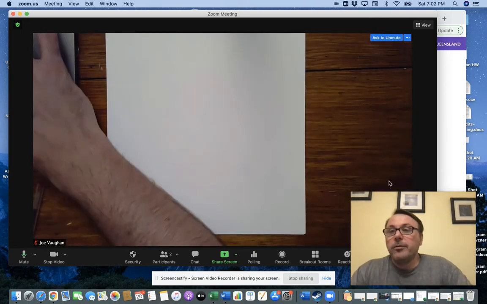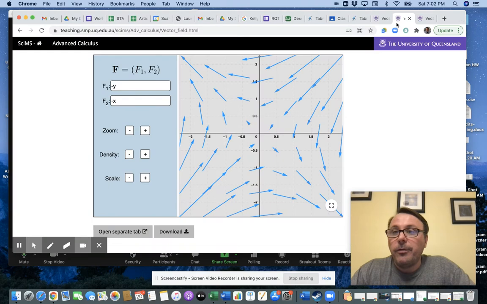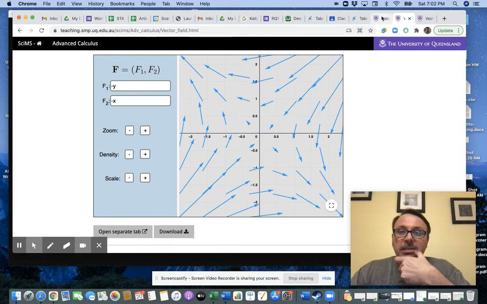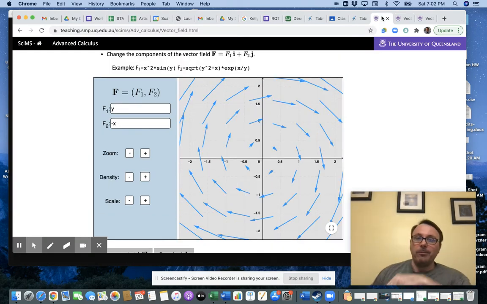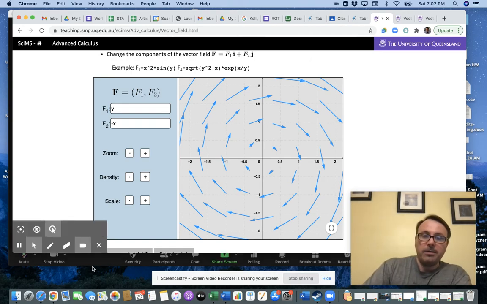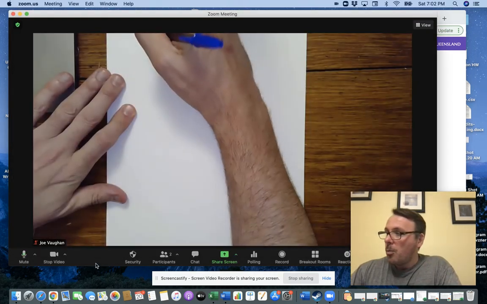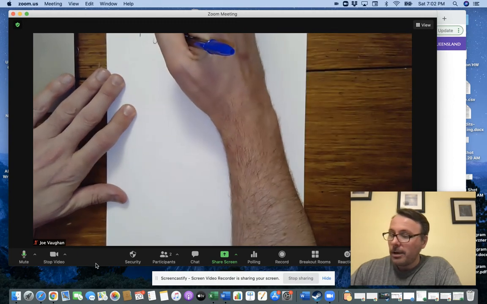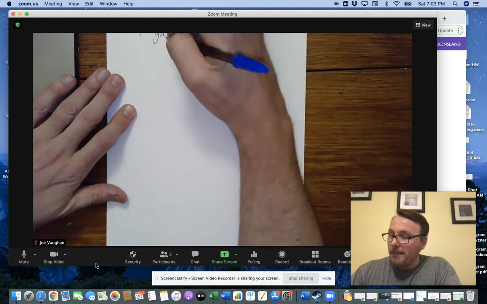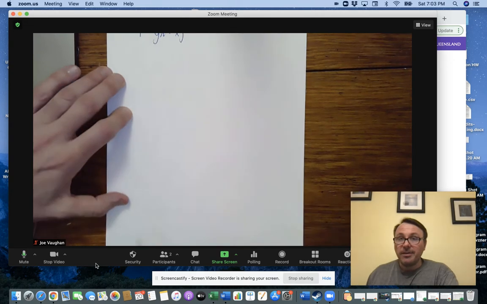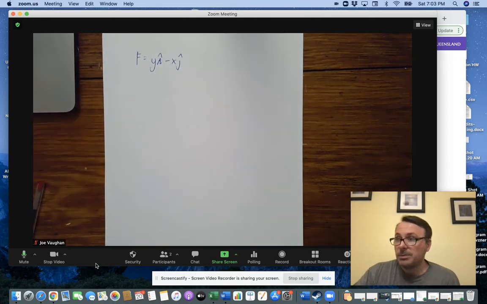But here we go. So the third vector field that we're going to look at is this fun one here, the pinwheel. Okay, and so this is a force of the form y i-hat minus x j-hat. So it's very similar in structure to the last problem, right?